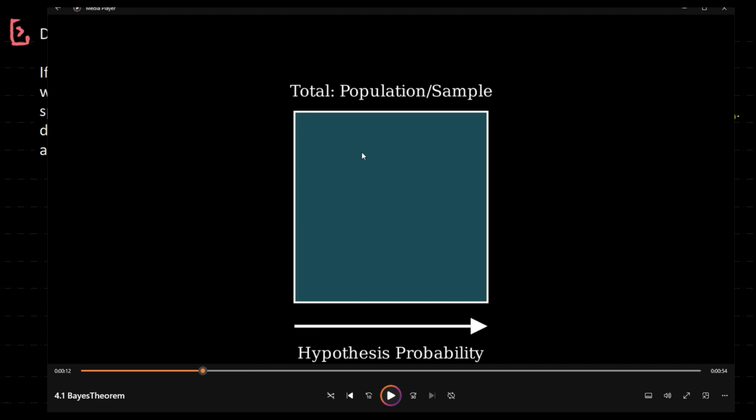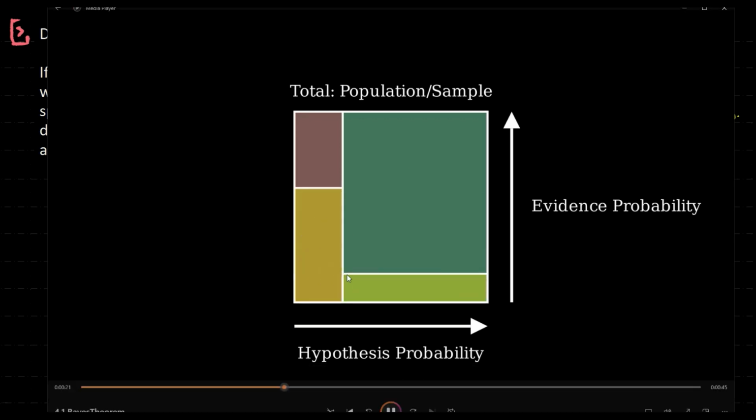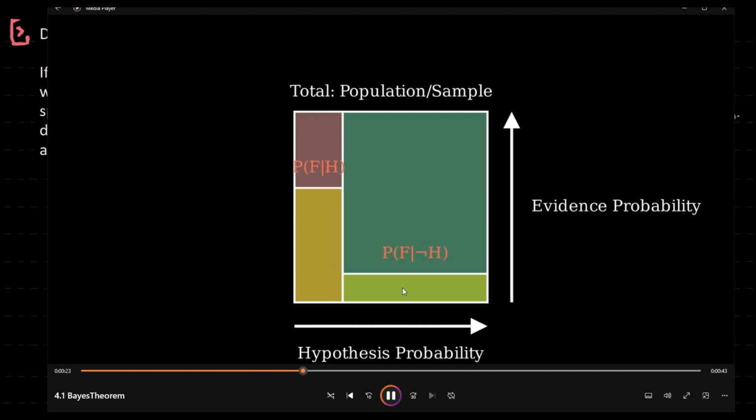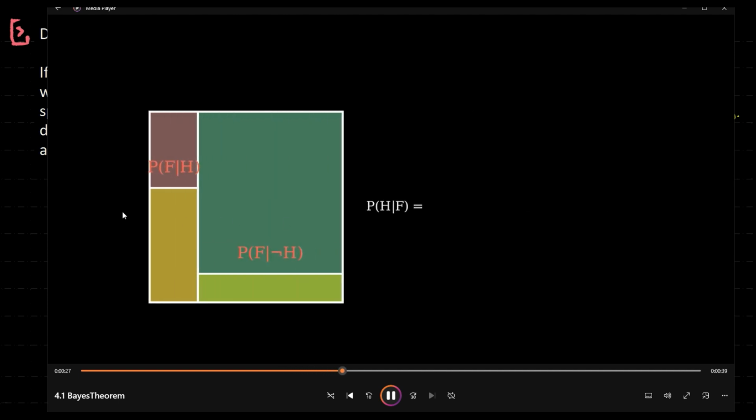But E1, E2 is divided along the x-axis in this manner. And along the y-axis, we'll have the evidence, that is A from this space, A from here, and so on. And the formula will look something like this.